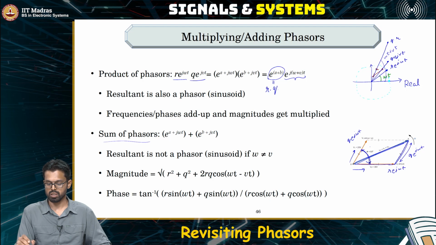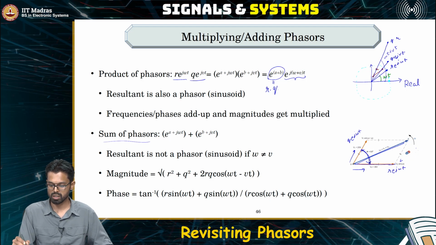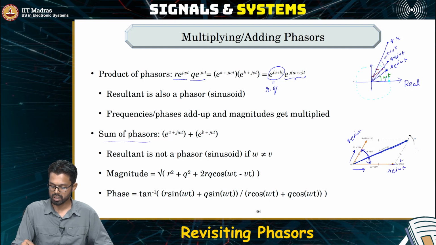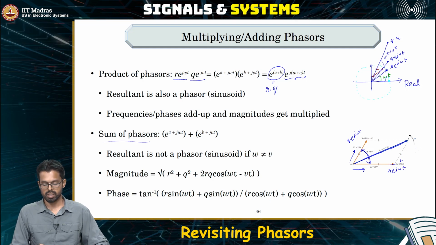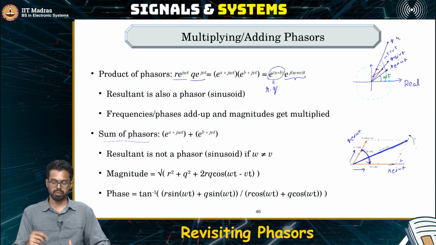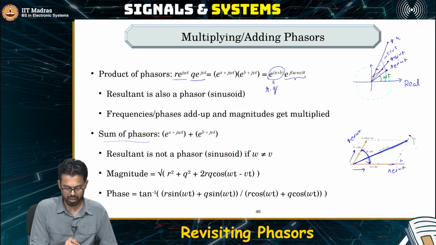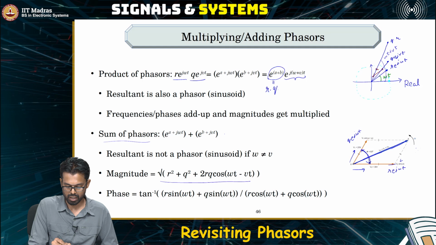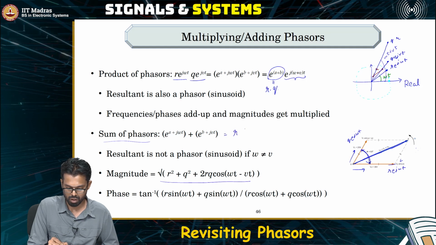So you just move this vector to this side so that you construct a triangle, and the side connecting these two vectors is nothing but the resultant vector, and its length is given by the length of this side.